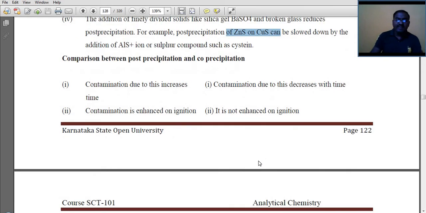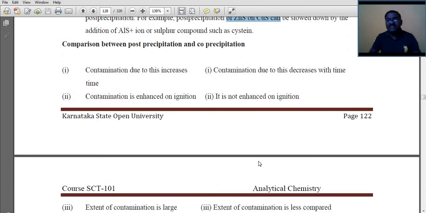What are the comparisons between post-precipitation and co-precipitation? In post-precipitation, contamination increases with time. In co-precipitation, contamination decreases with time.